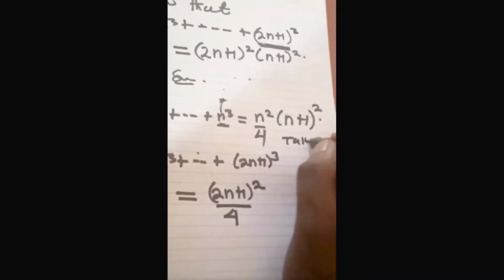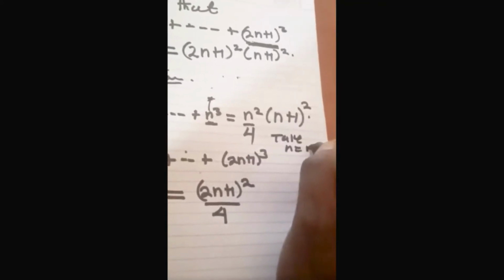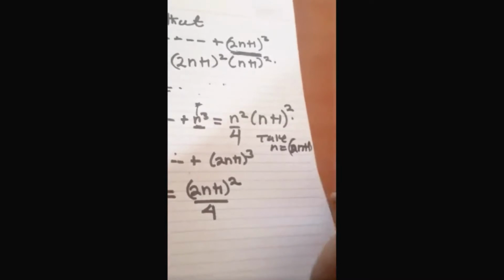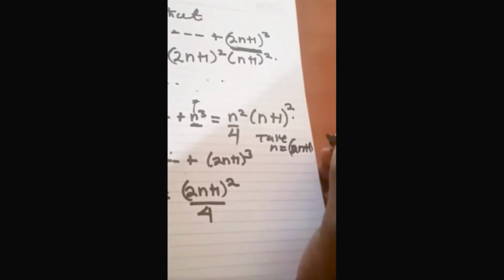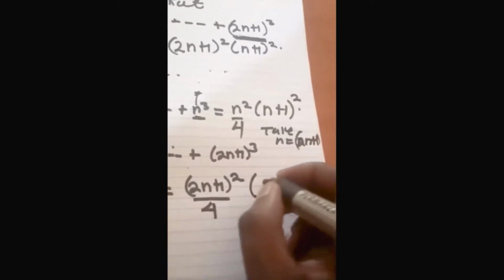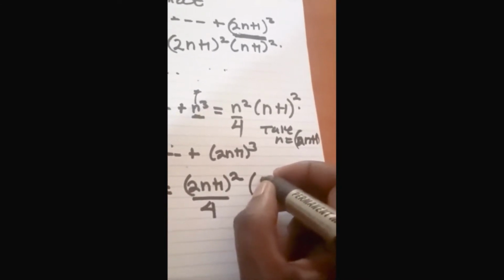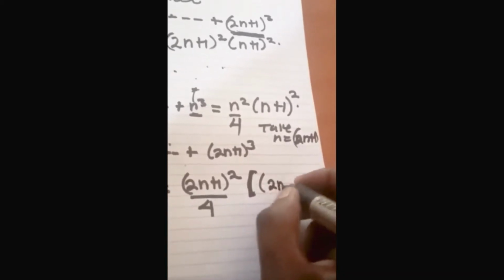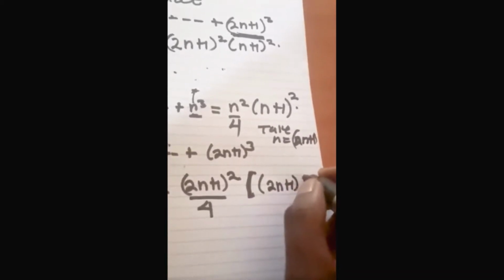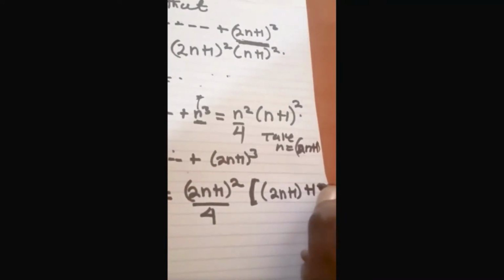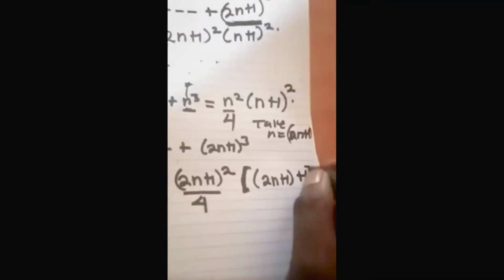Take n equals to n to n plus 1. That is the difference. We are removing n, we are putting in n plus 1 into this inner part. This is 2n plus 1 plus 1. Hope you are together there. Squared.